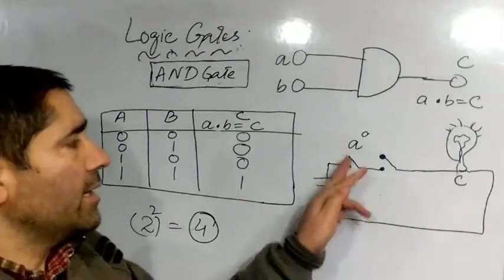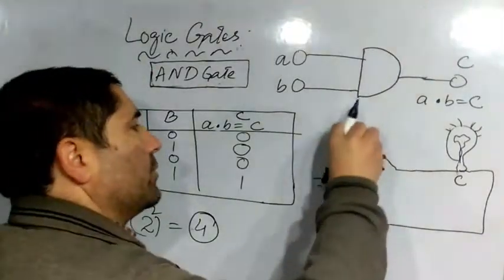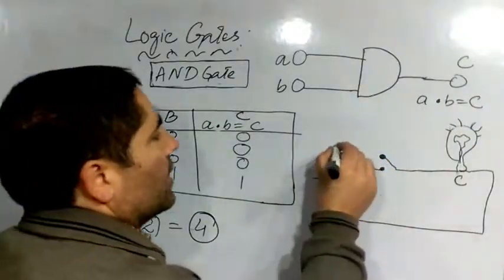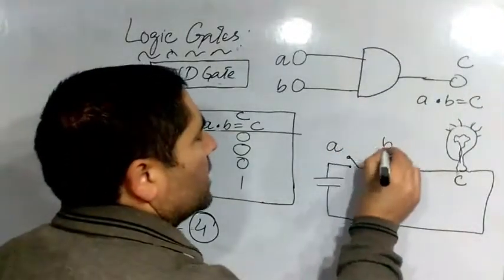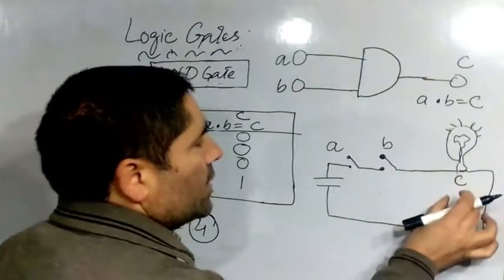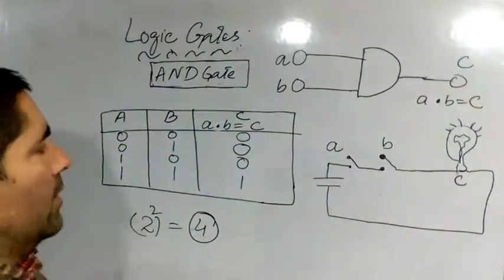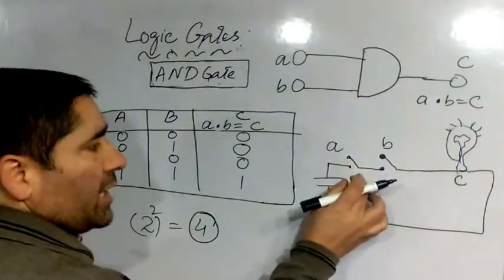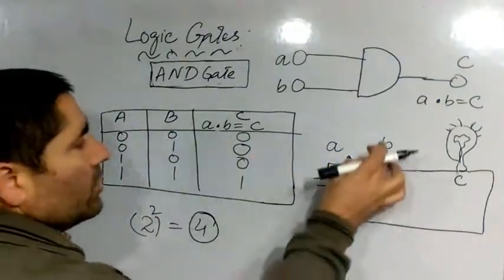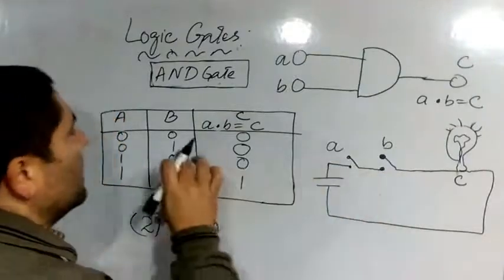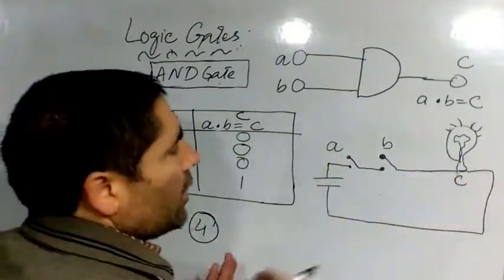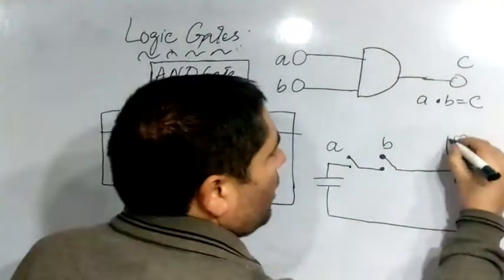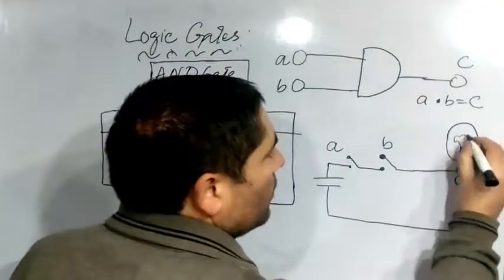This is our battery and these are the two switches, or we can say two inputs. This is A and this is B, and this is our output C. If A is 0, it means the switch is in open condition. B is 0, also in open condition, then the output is 0. The bulb will not glow.